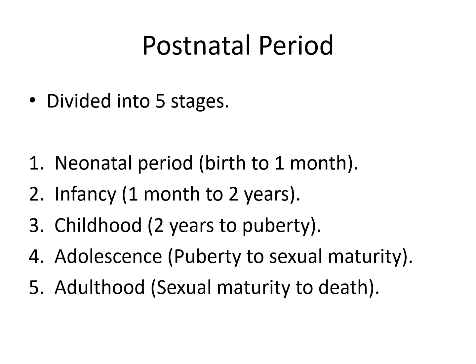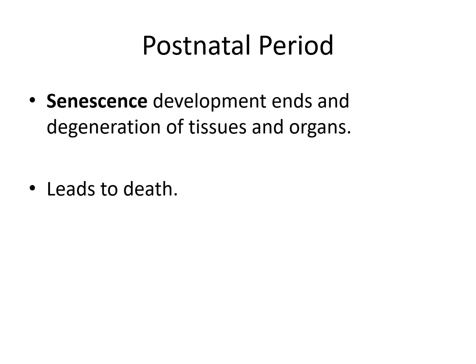Adolescence is puberty to sexual maturity, and adulthood is sexual maturity to the time you die. So these are the stages of life. We also have what's called senescence. Senescence is when development ends and the body starts degenerating of the tissues and organs, and of course this will lead to death.